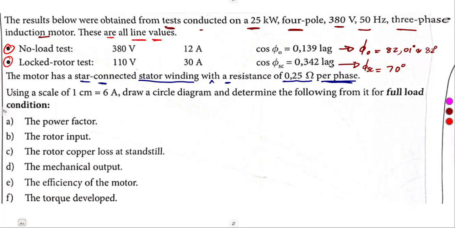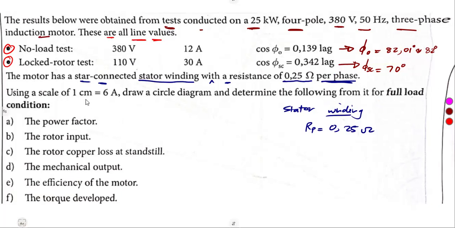So in terms of the stator winding, what we are given there is its phase resistance. We are given the phase value of 0.25 ohms.